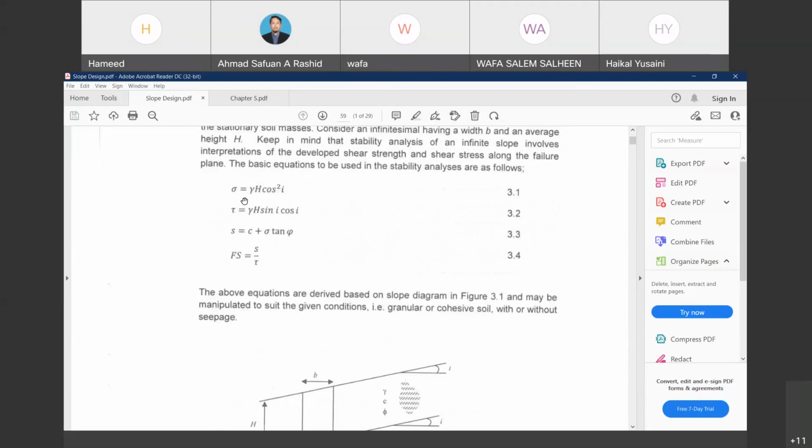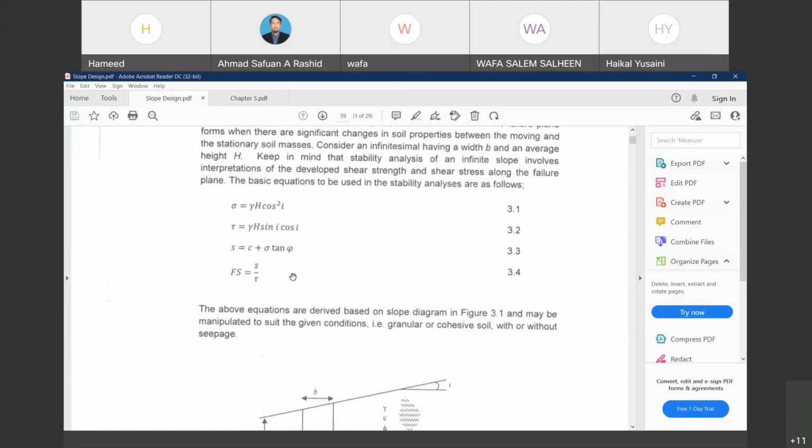So the same approach as the M approach, where we may derive the equation for the sigma and then get the tau. This tau is the shear stress, while this is the shear strength. Then we may include the sigma in the equation of 3.3.